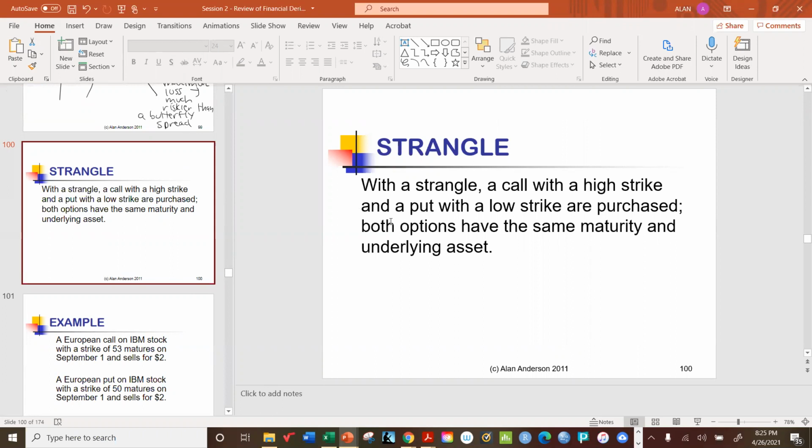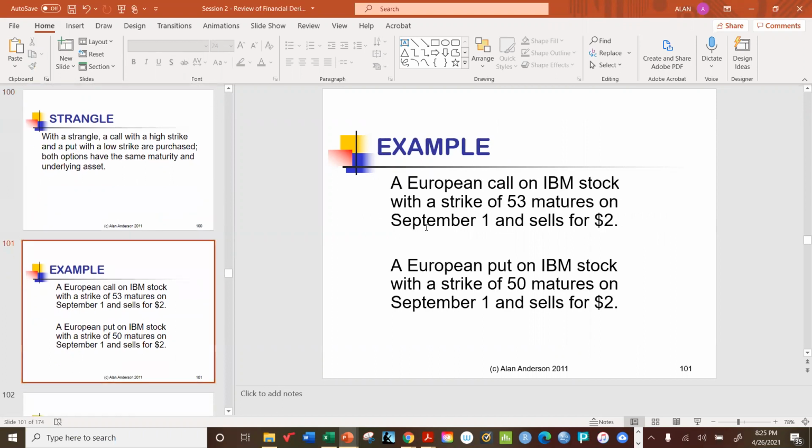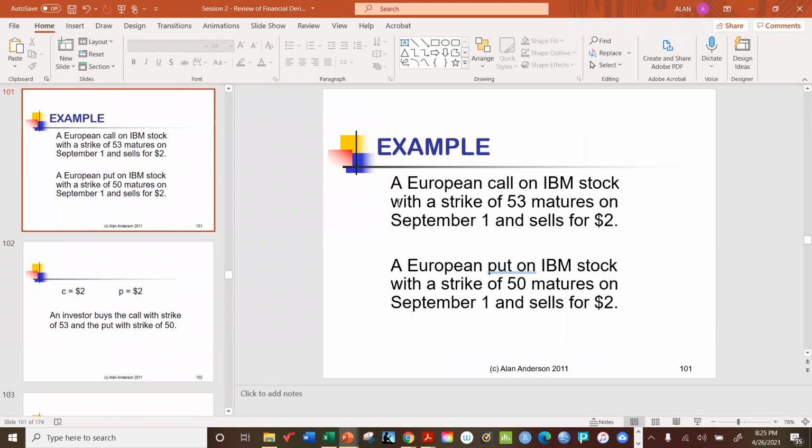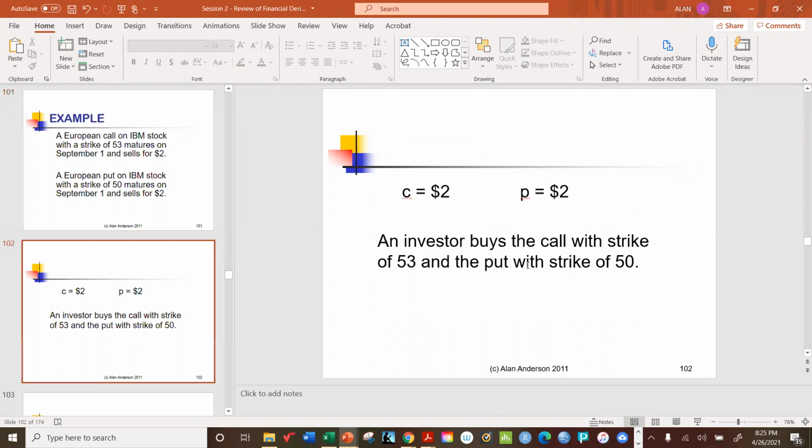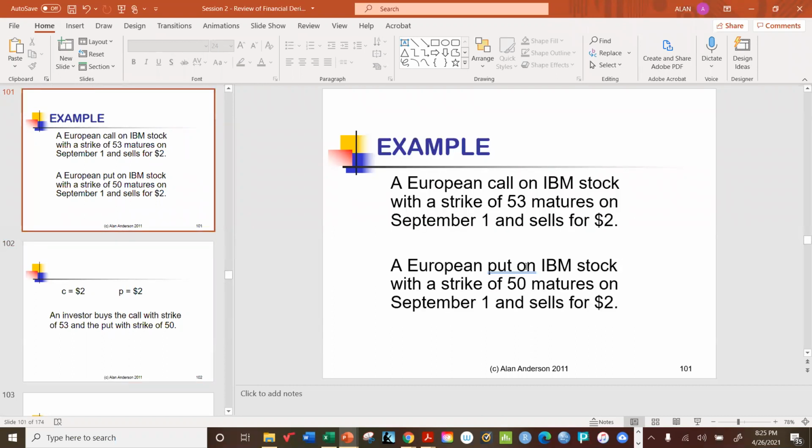The bad thing is that it's harder to make money. So let's say now, instead of buying a 50 strike call and a 50 strike put, we buy a 55 strike call and a 45 strike put. Okay, the put has to be lower than the call, by the way. Otherwise, it's a completely different position.